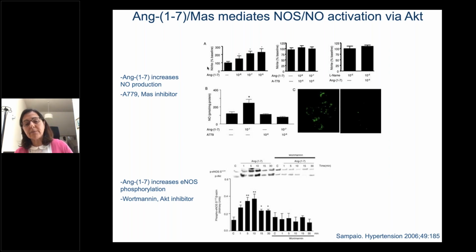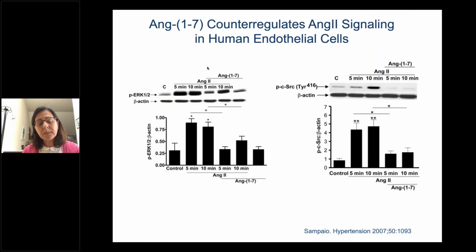And we can see that this is mediated through the Mas receptor because in the presence of A779, the Mas inhibitor, there's an inhibition of Ang 1-7-induced nitric oxide production. And this is associated, as we can see in the lower panel, with an increase in phosphorylation of nitric oxide synthase, an effect that is blocked when we inhibit AKT with wortmannin.